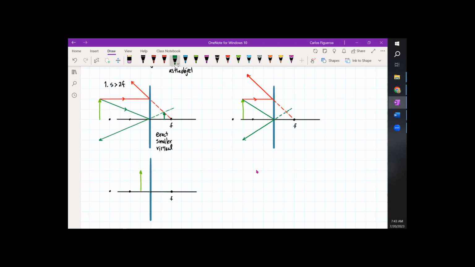And what you're seeing here is that the image is a little bit taller, but also a little bit closer. So in this case, this is still erect, smaller, and this is virtual. But what this is really telling us here is that it moves closer to the mirror and grows larger.